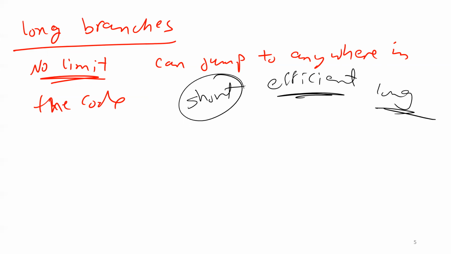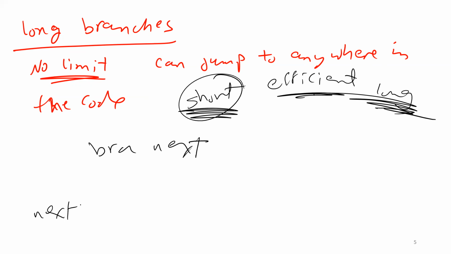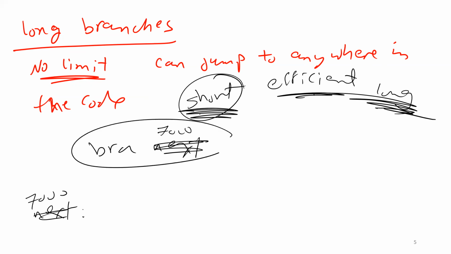The reason is, in the case of long, for example, when I say branch next, next here is going to be replaced by the target address, for example, 7,000. So when this instruction is stored in memory, it is going to be a long instruction. Why?